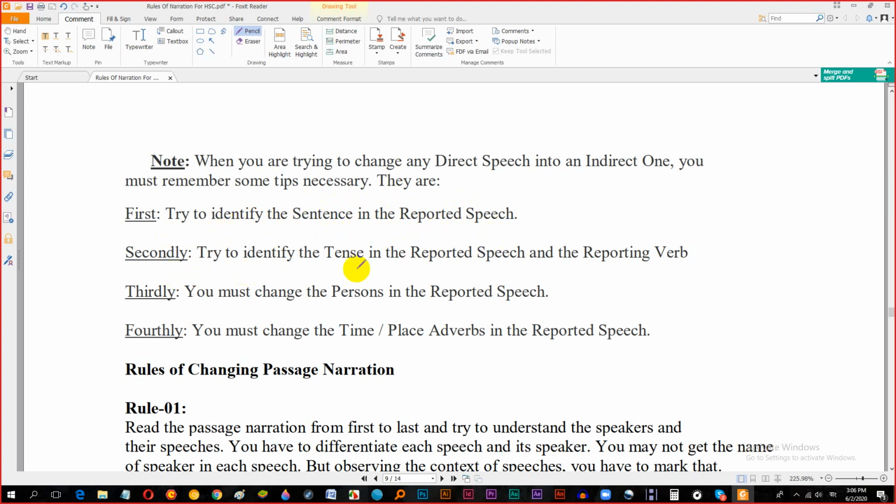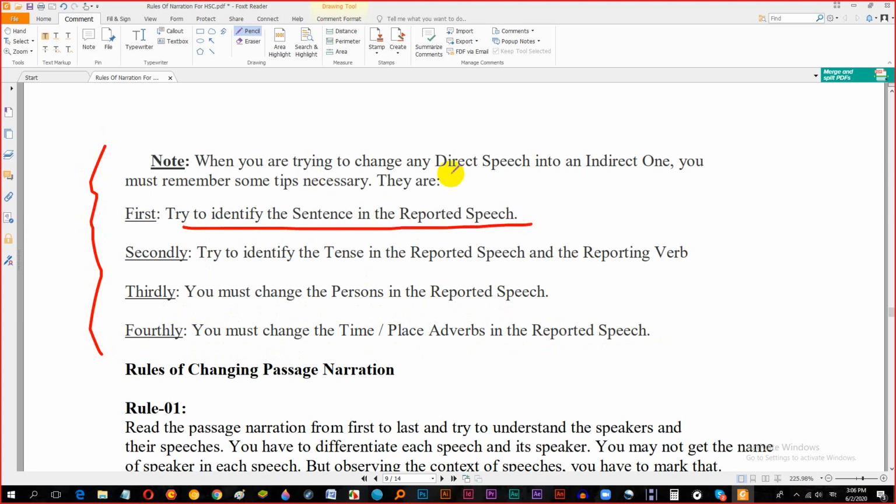Secondly, try to identify the tense in the reported speech and the reporting verb. Thirdly, you must change the persons in the reported speech. Fourthly, you must change the time, place, adverbs in the reported speech. These things are so important, so keep them in mind.